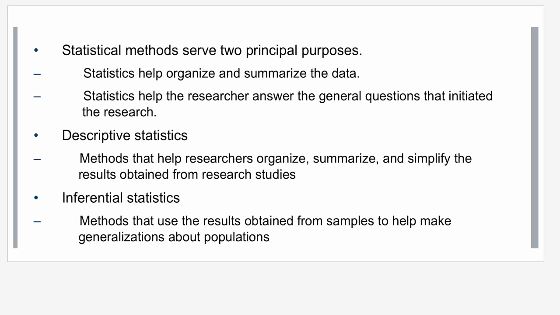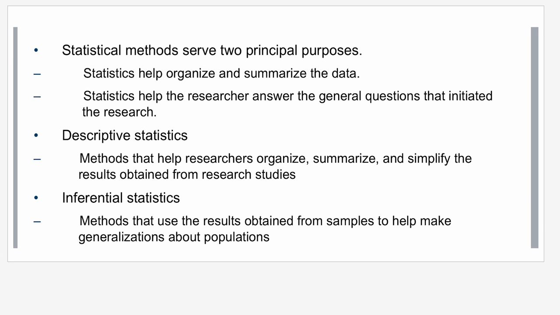So we're hoping that at the end, we are able to demonstrate with our statistics that we were able to answer the question that we had at the very beginning of our research process, the question that brought all this about. It also can help us determine what conclusions are justified based on our results.